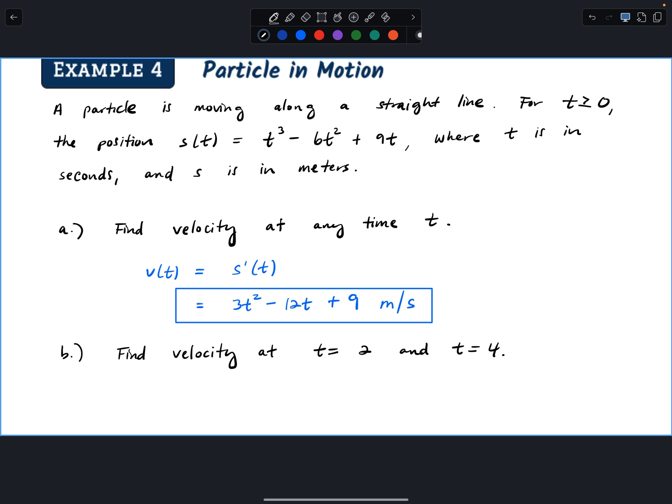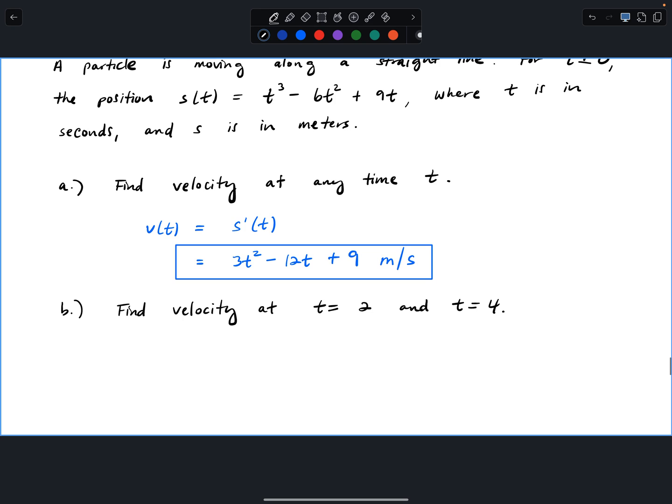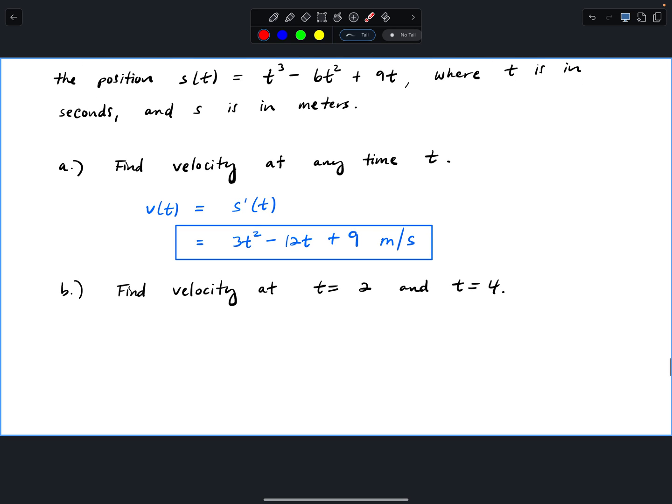Okay. Because a lot of it overlaps anyway. Okay. But whenever you guys are doing your assignment for this, this is a polynomial, right? This is the velocity, so all I have to do is plug in 2, plug in 4. Please try to do this without a calculator, because when you guys take your test, this would be a no calculator question. So v of 2, so that's at 2 seconds. Plug in 2, so 3 times 2 squared minus 12 times 2 plus 9.